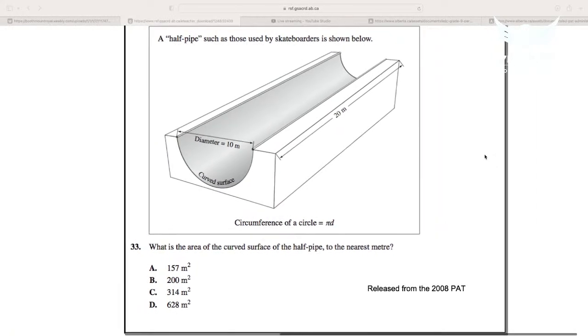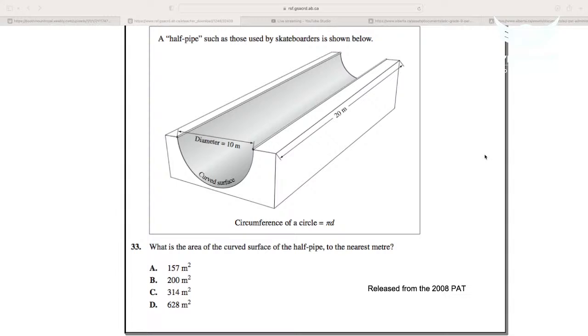Okay, next question. A half pipe such as is used by skateboarders is shown below. So this is where people who like to do skateboarding spend time. Usually you can find these pipes at skateboard parks.